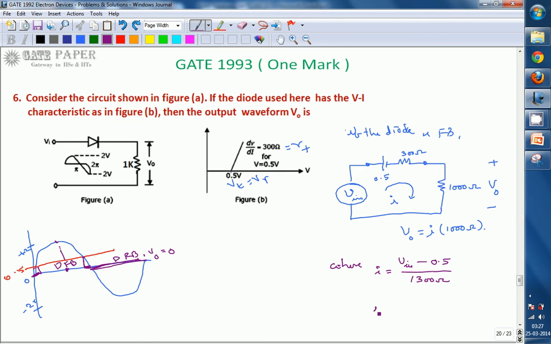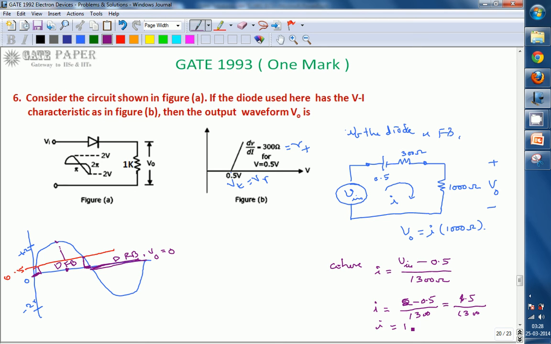That I maximum can be calculated as, sorry, the input is 2 volts only, so 2 minus 0.5, that is 1.5, divided by 1300 ohms. So I is equal to 15 by 13, which is around 1.1 milliamperes.